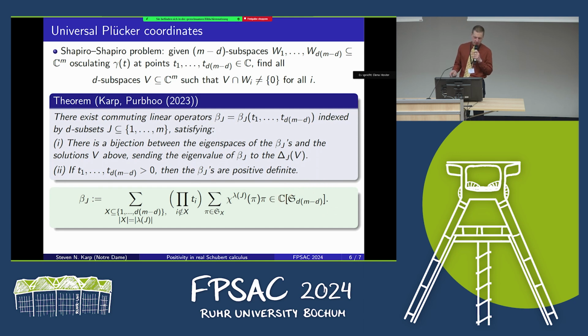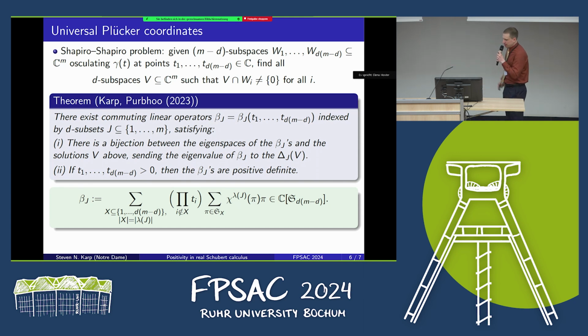So I won't parse this whole definition, but I'll just point out that the definition involves some things we like to see in algebraic combinatorics. So we have this symmetric group. To our set J, we associate a partition lambda j in some standard way. And here we have this irreducible character, chi lambda, appearing.